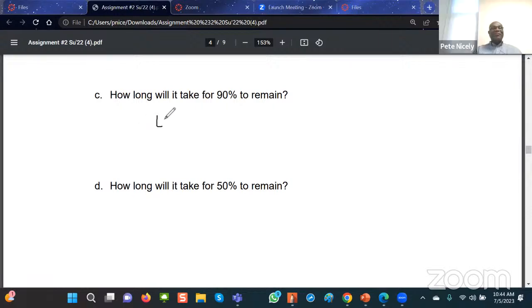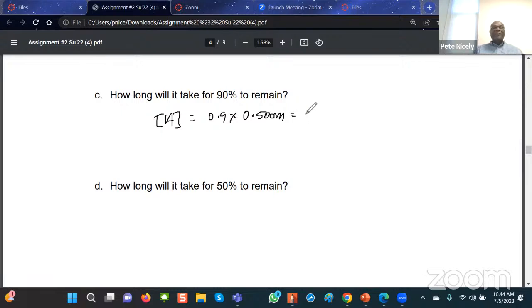So first thing I would do is calculate the concentration of A, which would be equal to 0.9 times 0.500 M. And that would be equal to what? 0.9 times 0.5.